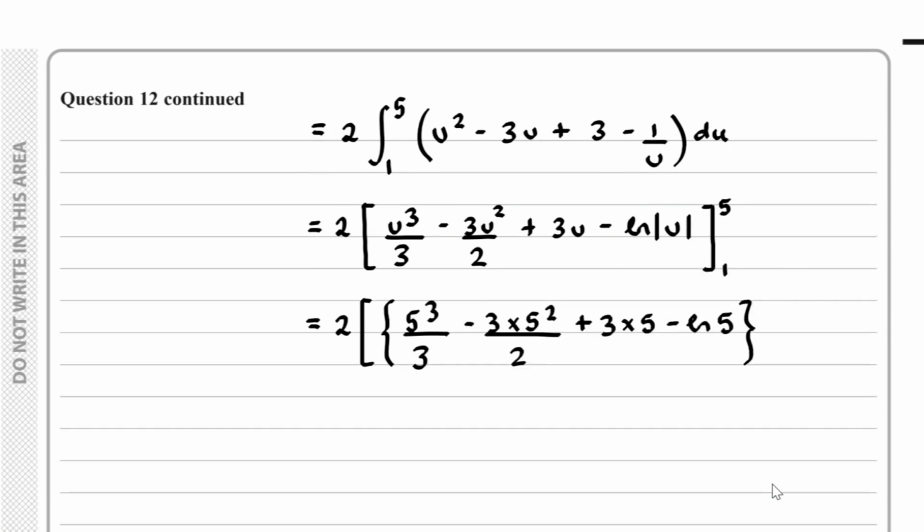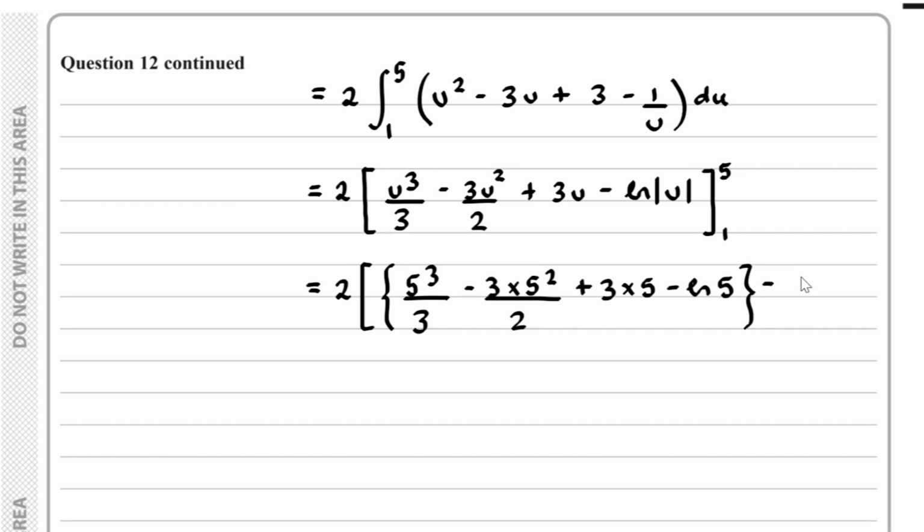So that's what we get for our upper limit. For our lower limit, we have 1 cubed over 3 minus 3 times by 1 squared over 2 plus 3 times by 1 minus natural log of 1. Well, natural log of 1 is just 0.